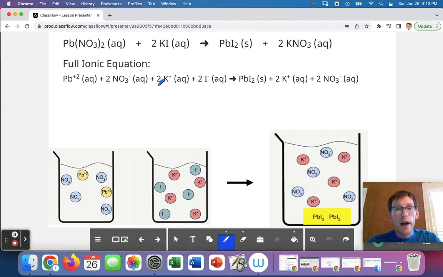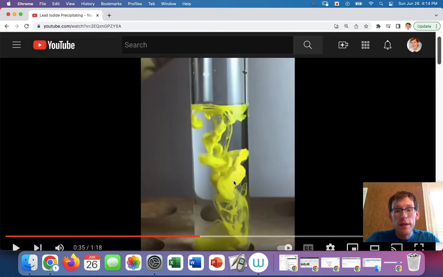Moving on, we have potassium ions that are free-floating, and we have iodide ions, which are also free-floating. But when we get to the product side, the lead-2 and the iodide have actually stuck together, and you saw it here. This is a solid, it's a precipitate, and if you allow that to sit, it will all sink to the bottom.